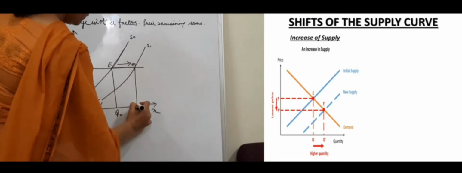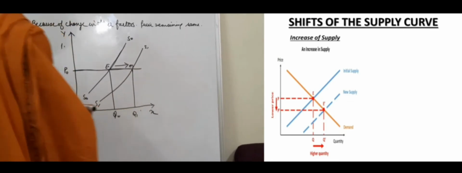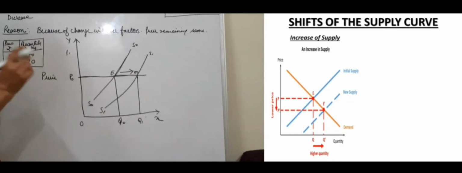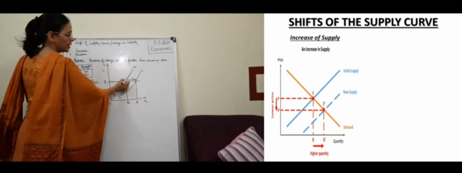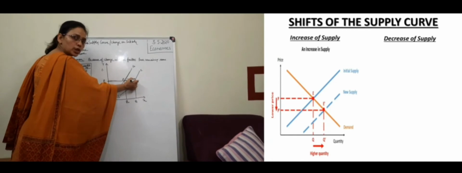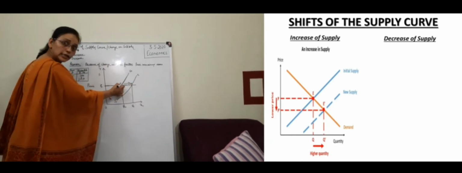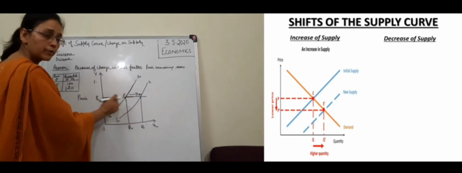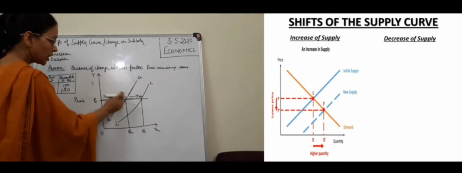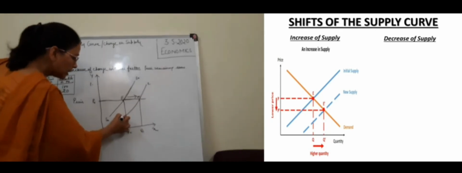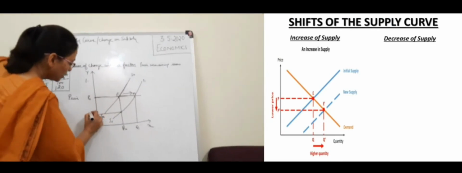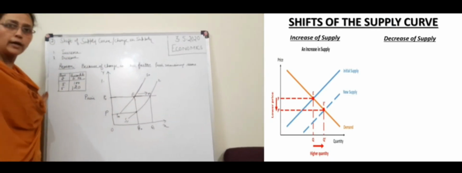This is the new quantity. Now what do you mean by this? Here we also say that the increased quantity will be supplied at the same price, because the change is taking place at the same price, but the same quantity will be supplied at a lower price. Do you get that?